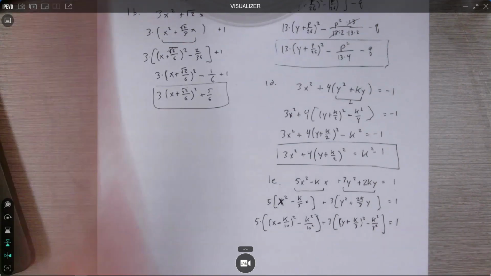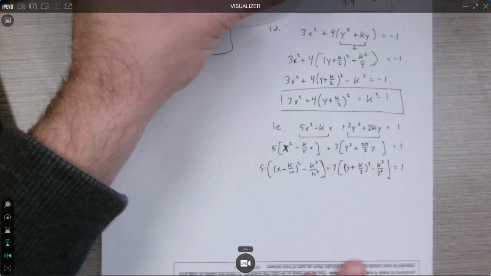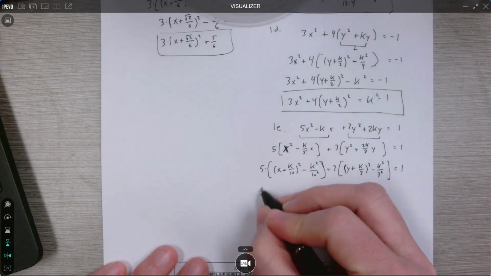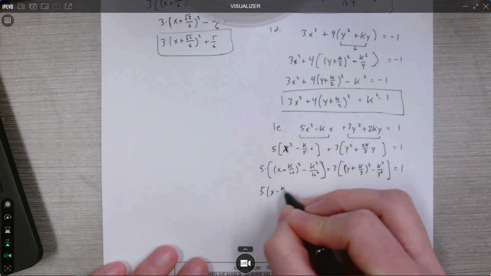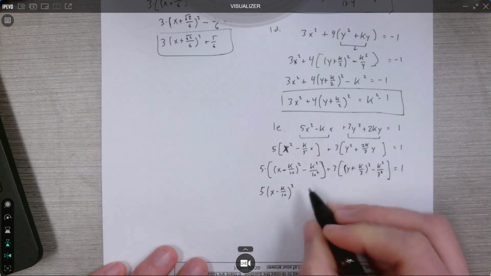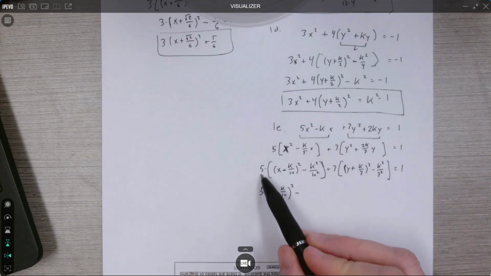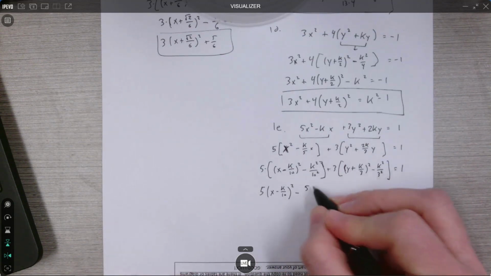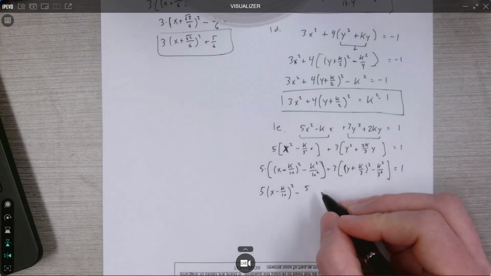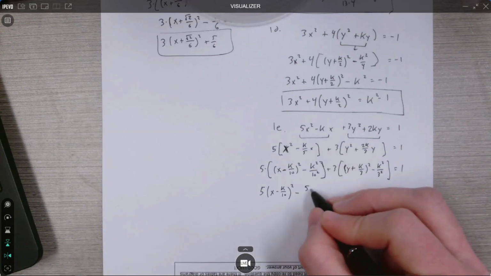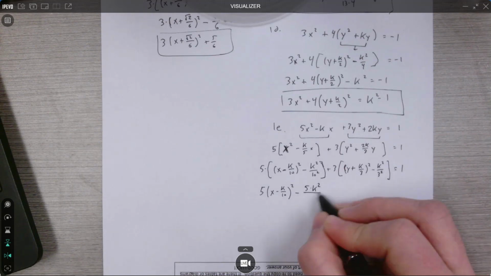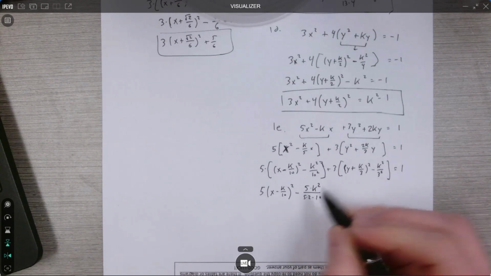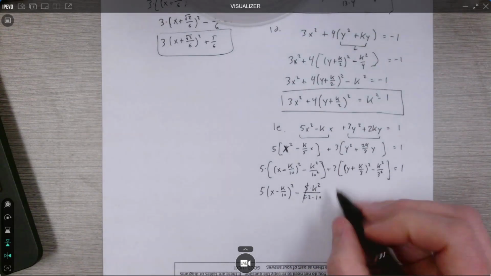And now let's multiply everything back in. So I distribute the 5. So that'll give us 5 times x minus k over 10 squared. And then 5 here cancels out. Well, I guess let's just do it this way. So then one of these 10s is a 5 times 2, and the other 10 is just 10, so the 5 divides the 5.